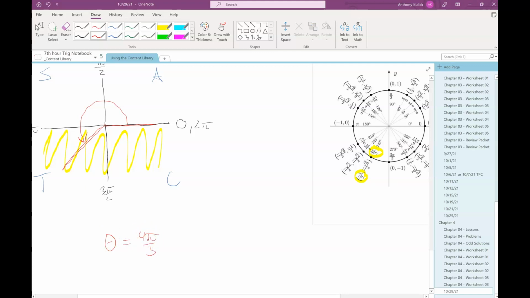Leo? How did you know that was the x-coordinate for cos? So on the unit circle, the x-coordinate is cosine, the y-coordinate is sine. Always on the unit circle, right?